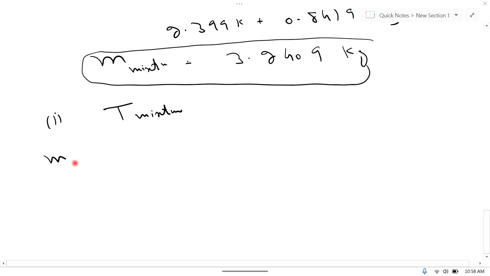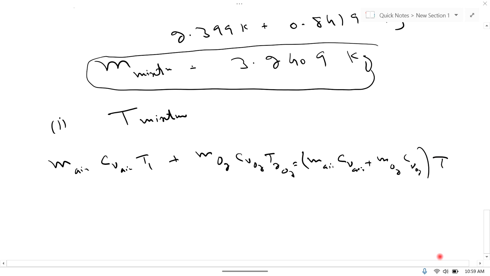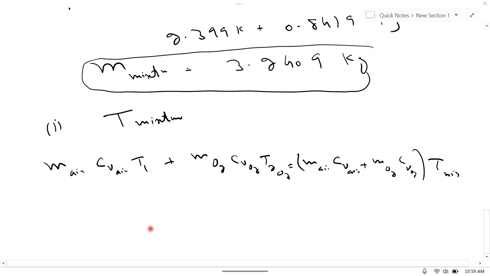For the mixture we use the equation: mass of air multiplied by Cv of air multiplied by T1, plus, in the other vessel where there is oxygen, mass of oxygen multiplied by Cv of oxygen multiplied by T2, is equal to mass of air multiplied by Cv of air plus mass of oxygen multiplied by Cv of oxygen, multiplied by the temperature of the mixture.